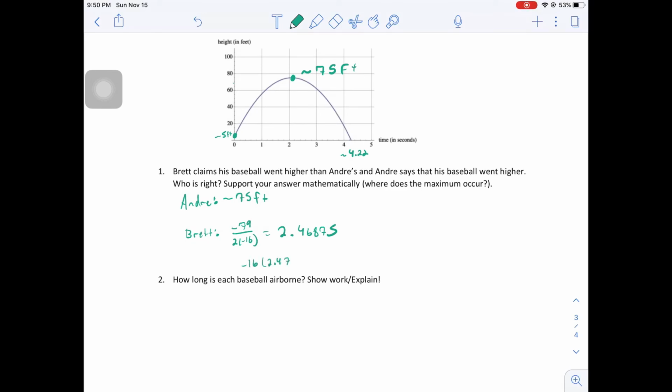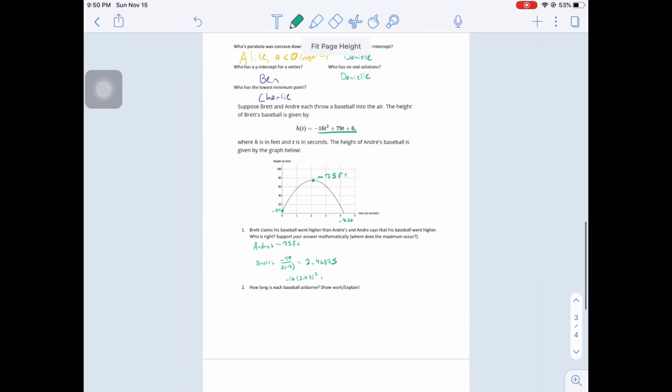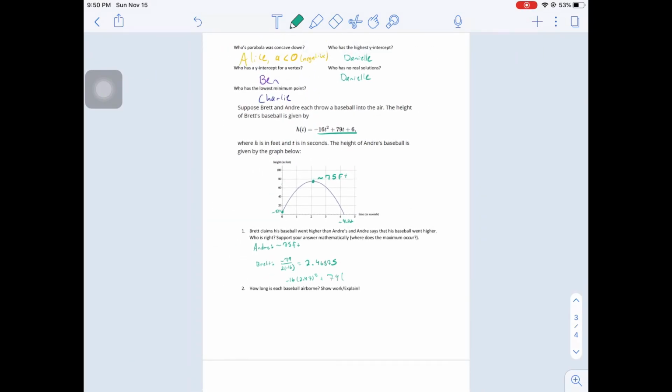So negative 16 times 2.47 squared plus 79 times 2.47 plus 6. Negative 16x squared plus 79x plus 6 tells us that Brett's ball actually reaches 103.5 feet in the air.